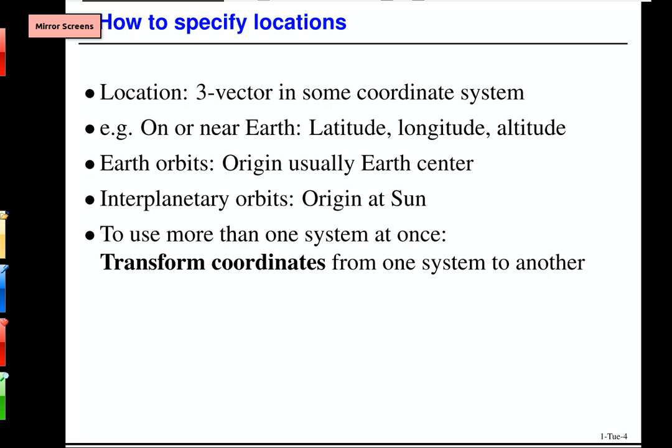So we will express things either as x, y, z, which is Cartesian, or as spherical polar. Actually, latitude and longitude is one example of a polar coordinate system. We will be doing a fair amount with locations on the Earth's surface, so we'll be using latitude and longitude to describe those.